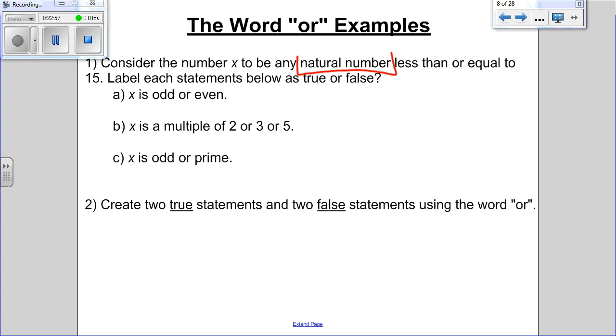It doesn't include the number 0, doesn't include negatives, doesn't include decimals. So it's just counting. It says, consider the number x to be any natural number less than or equal to 15. So that means x could be 1, 2, 3, 4, 5, 6, 7, 8, 9, 10, 11, 12, 13, 14, or 15. It could be any of those numbers.